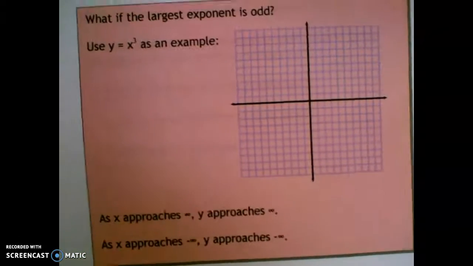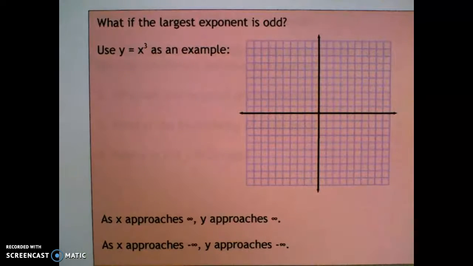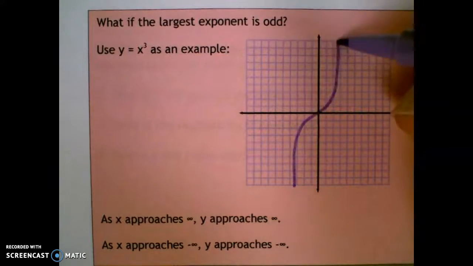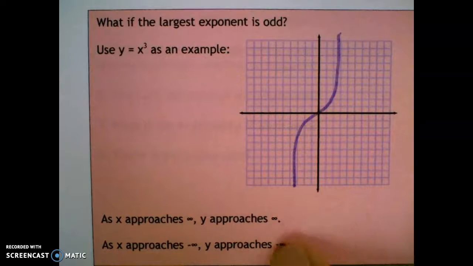Now if we change that to an odd exponent, an odd degree, we can look at y equals x cubed. Y equals x cubed has an odd degree, and the parent function looks like that. So now it goes down and then up.